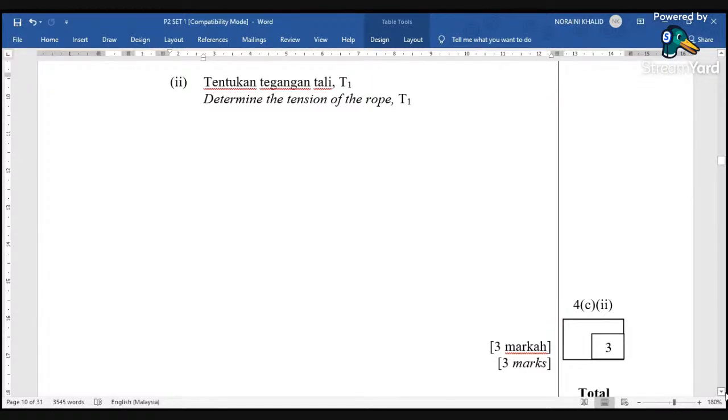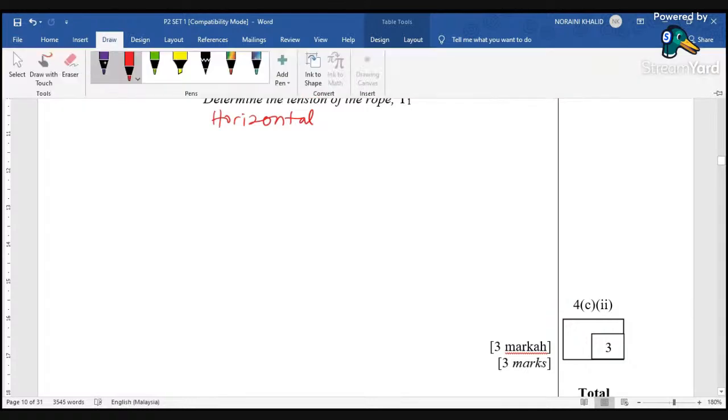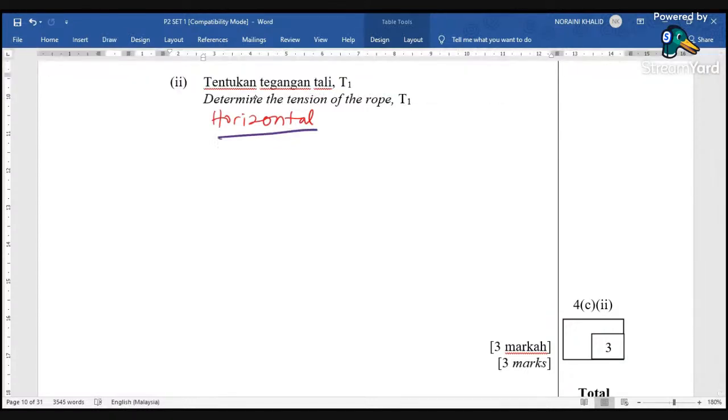Let's say the horizontal component. For the horizontal component, you will get T1 cos 27 equals T2 cos 50.